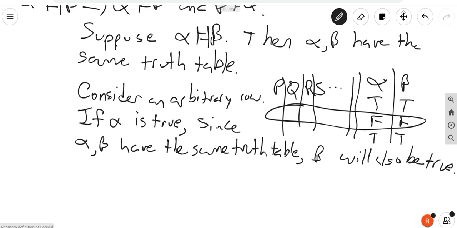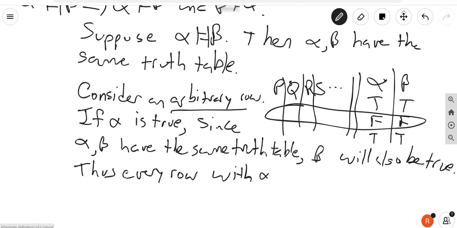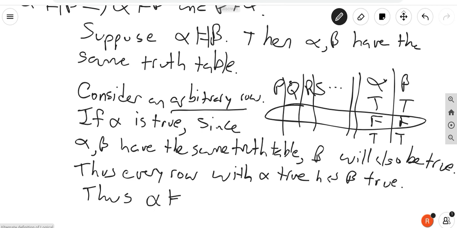Now, because the row that we are considering is arbitrary, this is a true statement for all of the rows. Thus, every row with alpha true has beta true. And that actually means that alpha semantically entails beta.